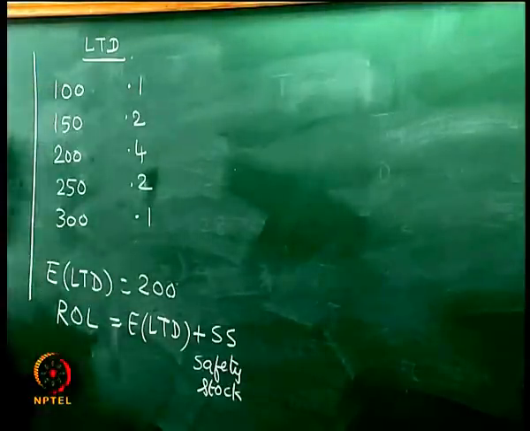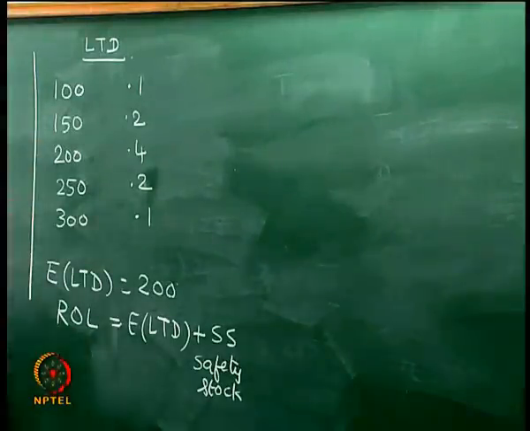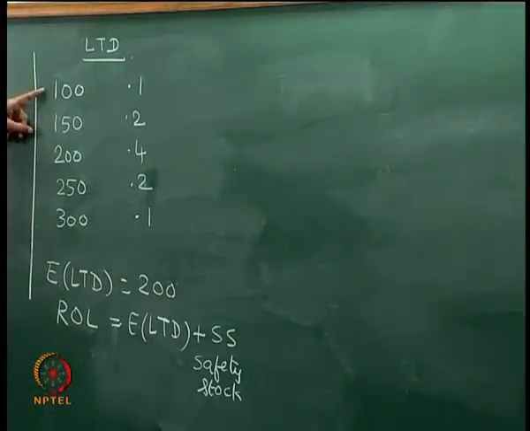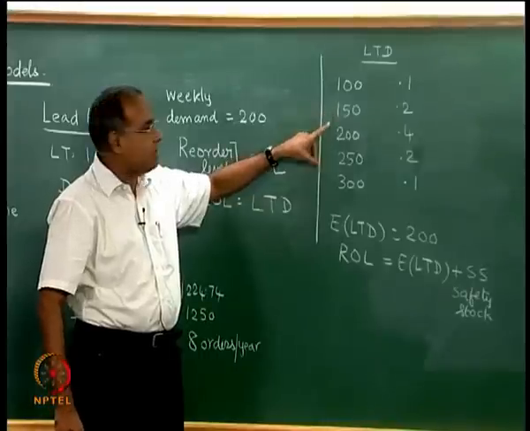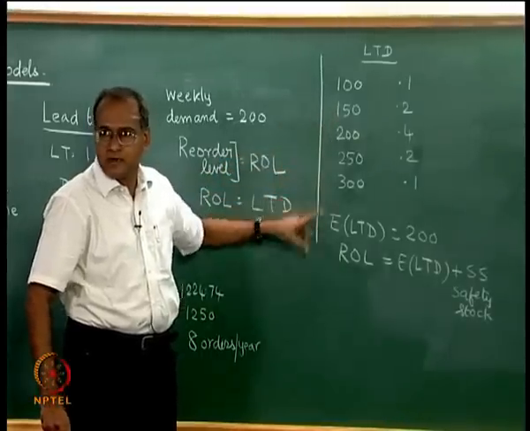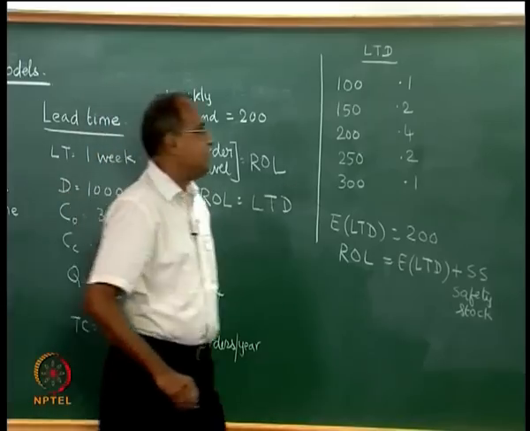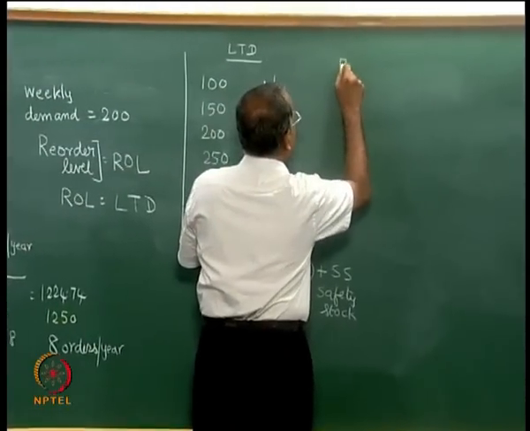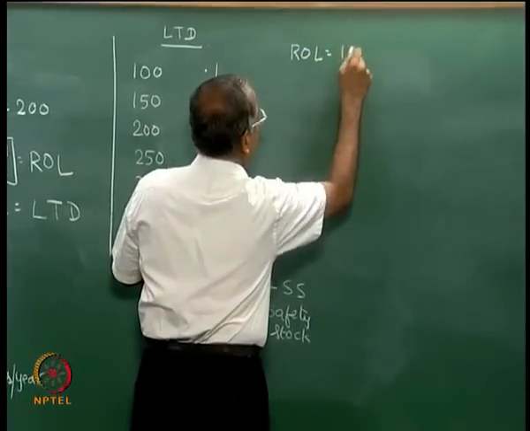Now, the simplest thing to do here is to find out the reorder level. So, we can look at all these 5 cases where reorder level is equal to 100, 150, 200, 250 and 300. Let us do those calculations. Let us have a situation where reorder level is equal to 100.